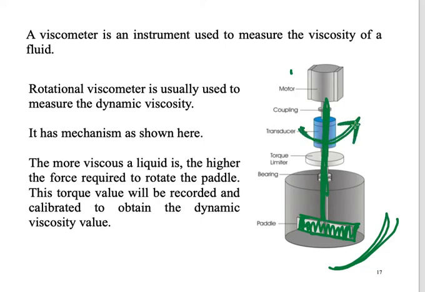If the liquid inside this container has high viscosity, this machine needs more power to rotate at a specific velocity. So by using the difference in the force that we need to stir or rotate, we could calculate the dynamic viscosity for that liquid.